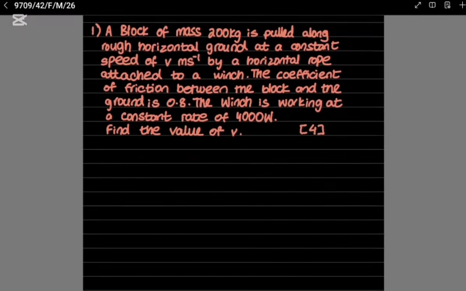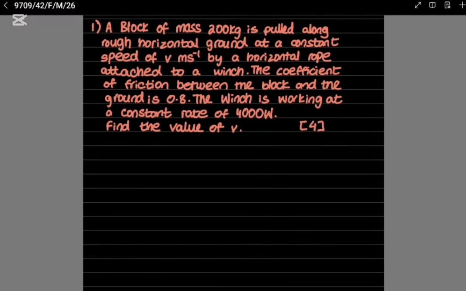Alright, for these sorts of questions, and for every question in mechanics, what you would like to do is draw a rough sketch. So we have a rough horizontal ground, we have a block of mass 200 kg. Make sure that you label everything.